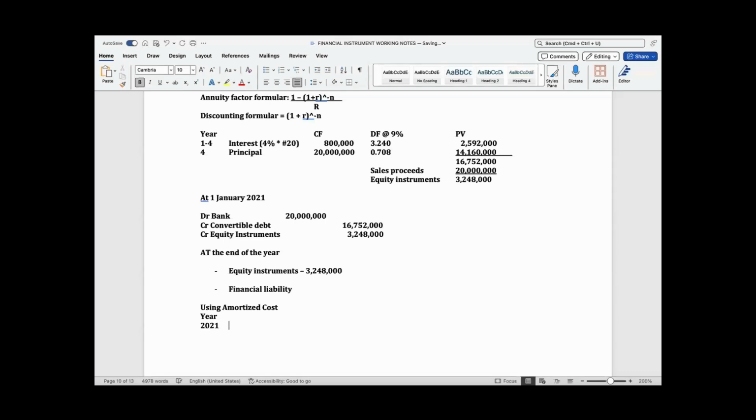So at the end of 2021, the balance brought forward was 16,752, this figure that we got here. Then I will get my interest payable at 9%, my interest paid at 4%, and then my balance carried forward.